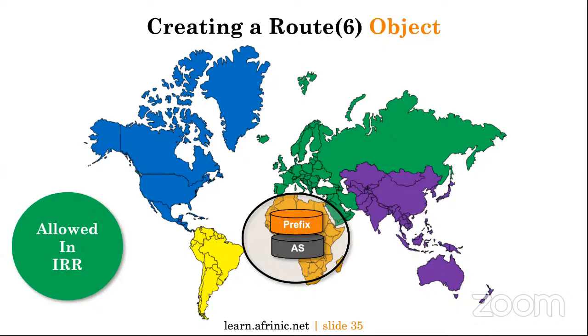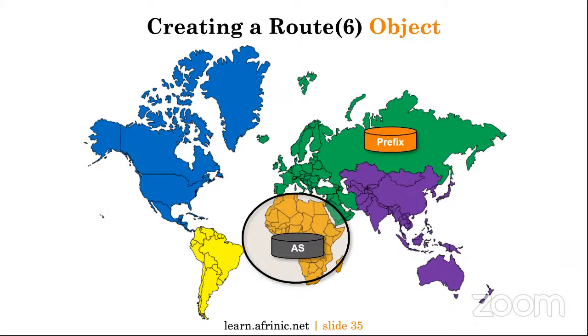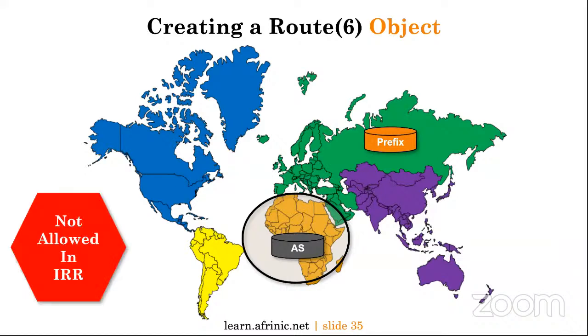Now, if your IP address resource is from outside our region, but your AS is from AFRINIC, you will not be able to create a route object within the AFRINIC routing registry. Okay.